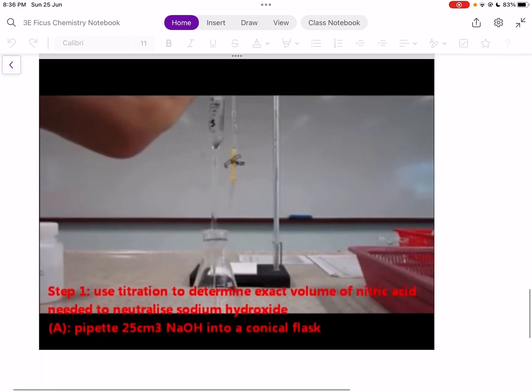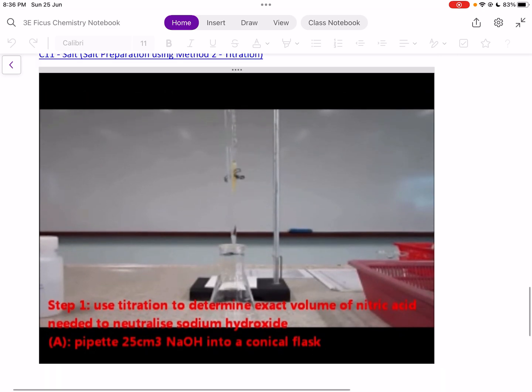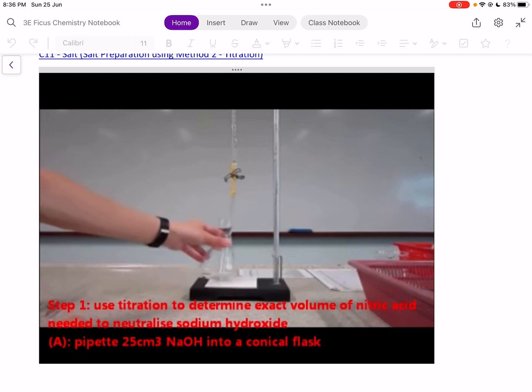This is an acid-alkali titration experiment. The acid is nitric acid, the alkali is sodium hydroxide. When these two reagents react, they form sodium nitrate as well as water, and the sodium nitrate is the one that we want.